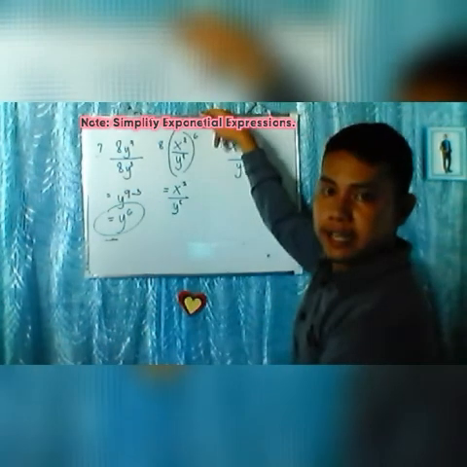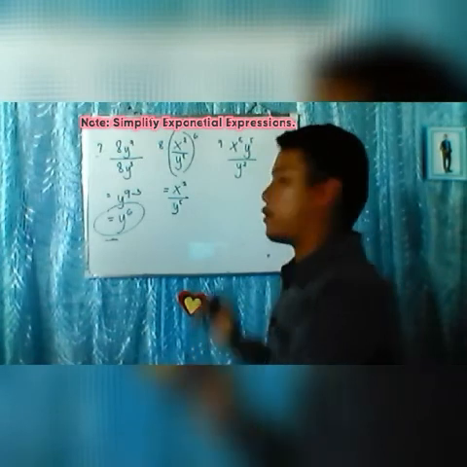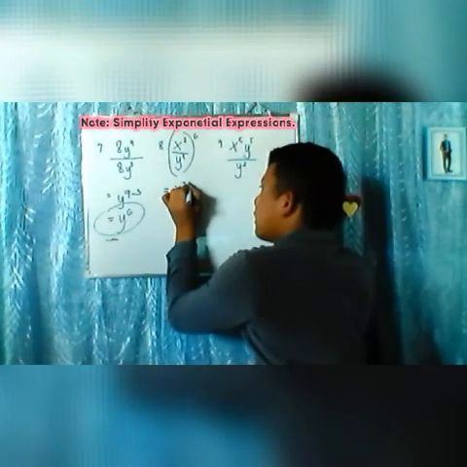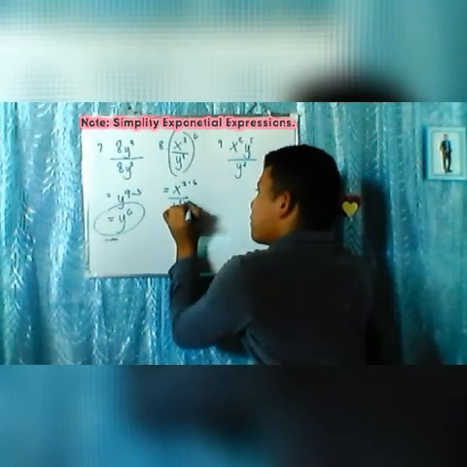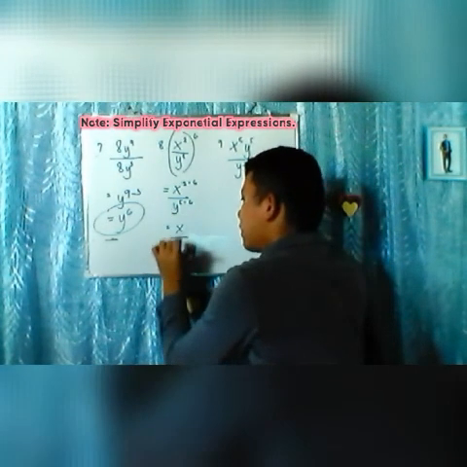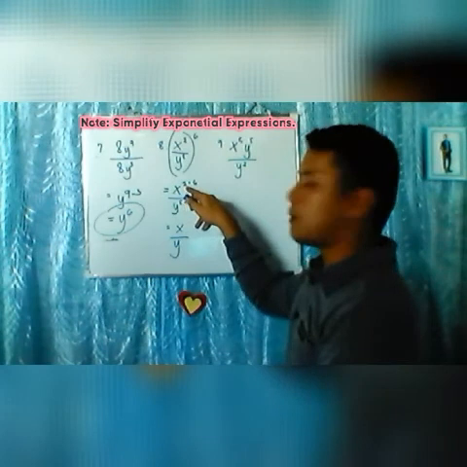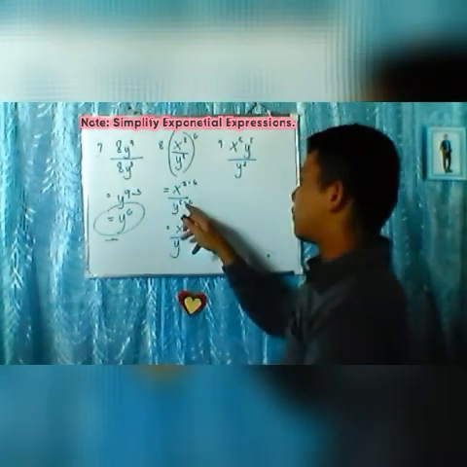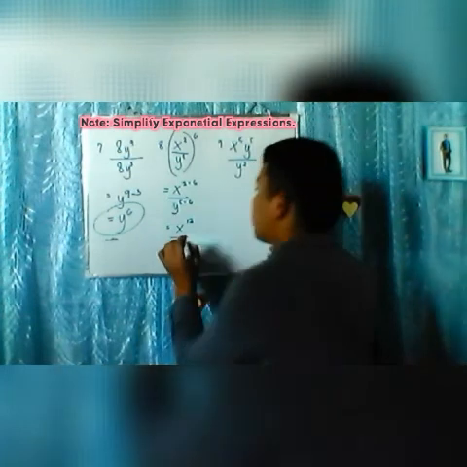Since there's an exponent 6 here, you have to distribute first. So simply multiply: 2 times 6 is 12, and 5 times 6 is 30.